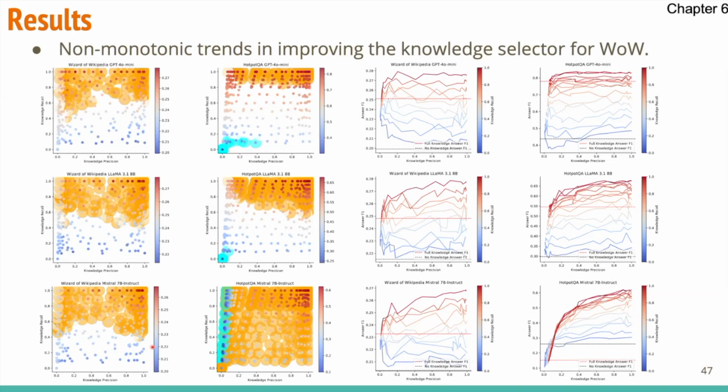And we only observe this trend in the Wizard of Wikipedia dataset because it's relatively noisy. That means the low precision and recall metrics measured here don't necessarily mean that the retrieval result is bad. We have more experiments and details in Chapter 6 of my dissertation to explain this phenomenon.